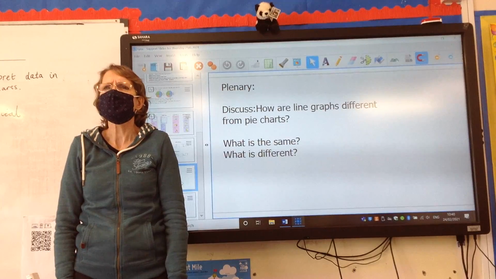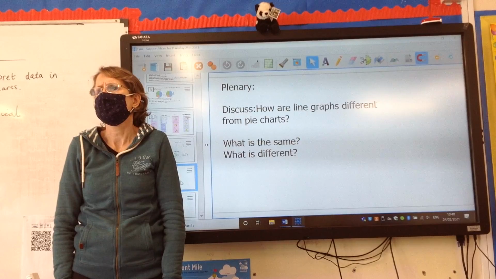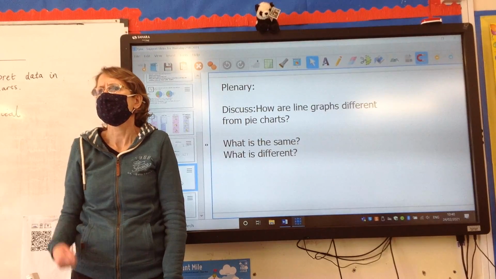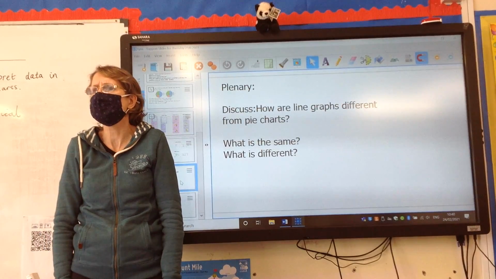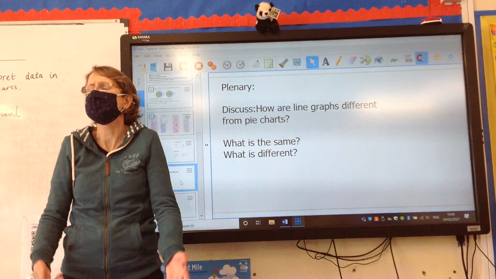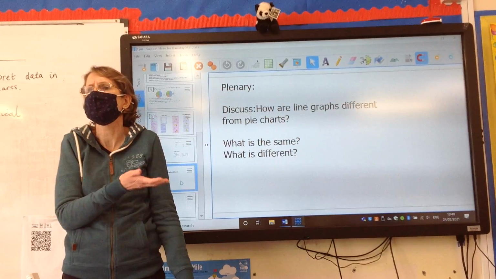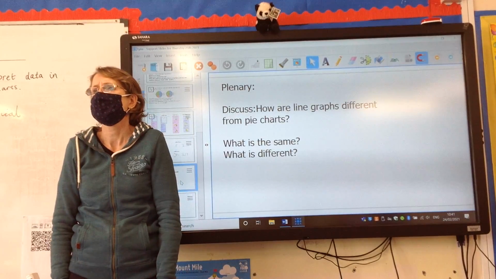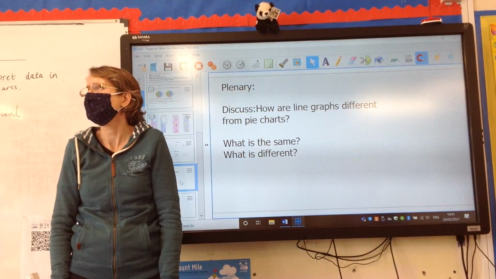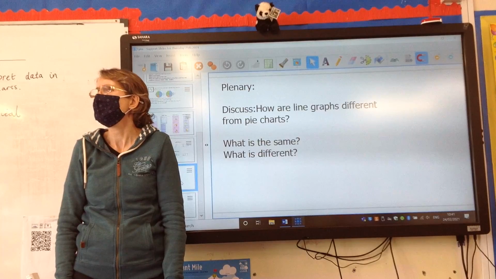How much information do you need when you're drawing a line graph? All of it. Well, yeah, so what information would you need? Say if you were measuring the temperature in the classroom over the day, what two sets of information would you need? You will need the temperature of the classroom, and then the time you took that temperature.